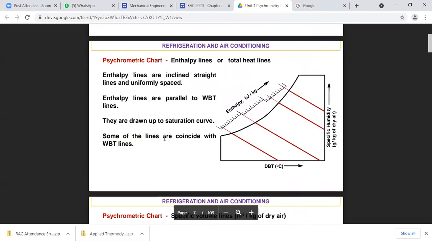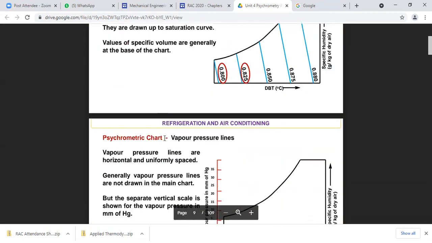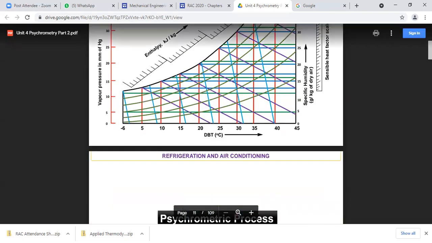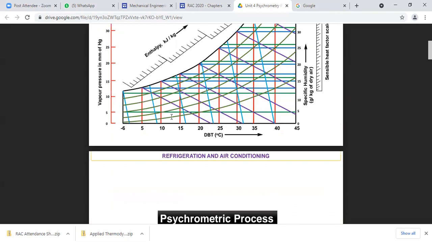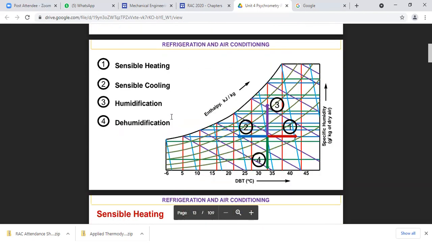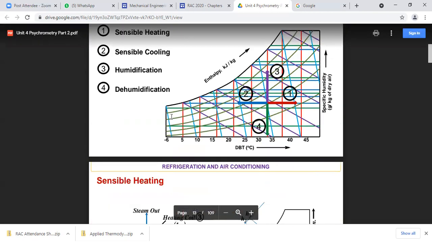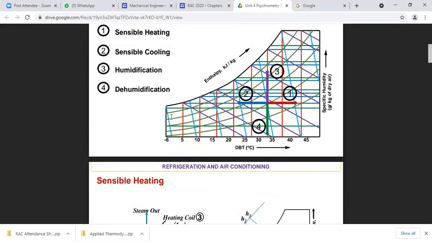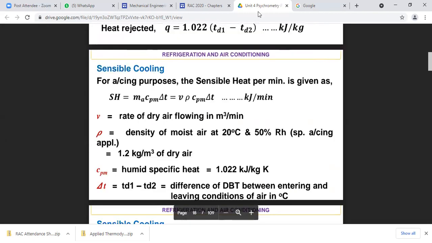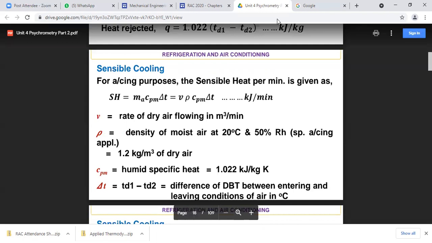Then we saw the enthalpy line, specific volume, vapor pressure line and relative humidity, and collectively how they are plotted on one chart. In the next part we saw the psychrometric processes, that is sensible heating, sensible cooling, humidification and dehumidification. So this is all about today's lecture.